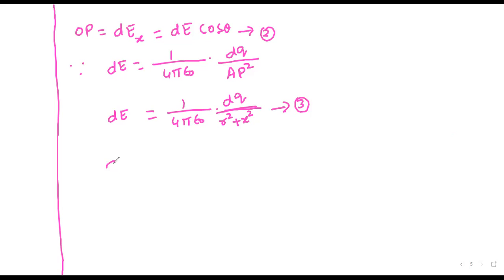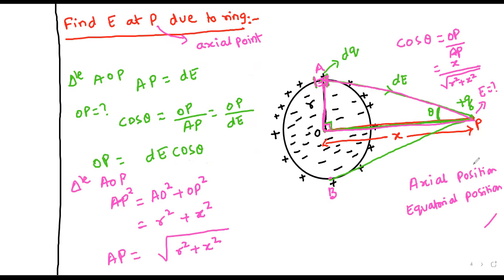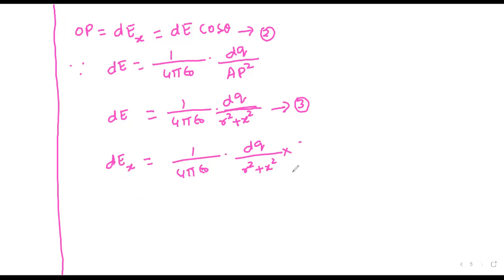Substitute equation 3 in equation 2. That is dEx is equal to 1 by 4 pi epsilon naught dq by R square plus x square, times cos theta, and we got the value, that is x by under root R square plus x square.